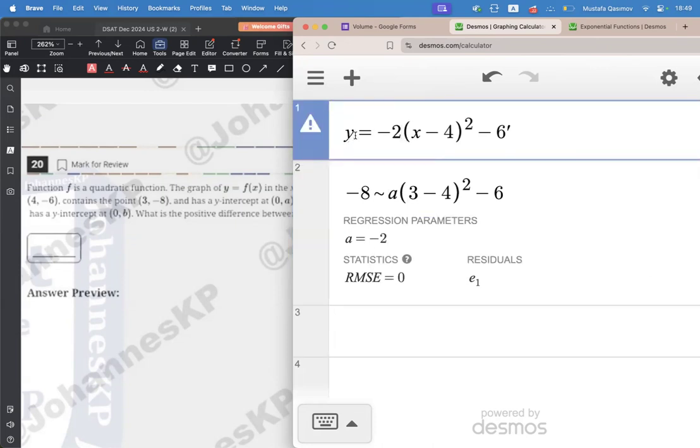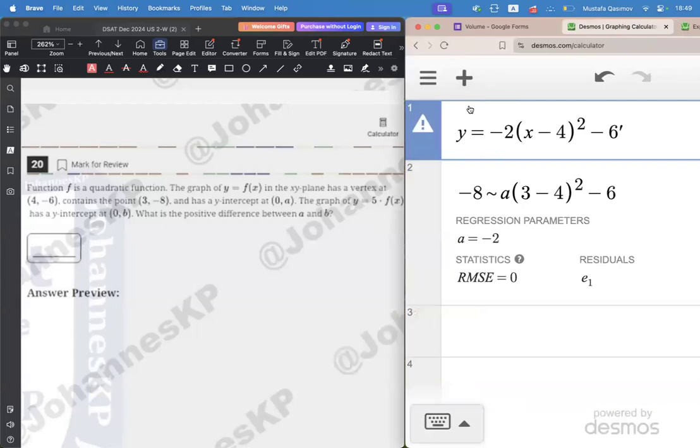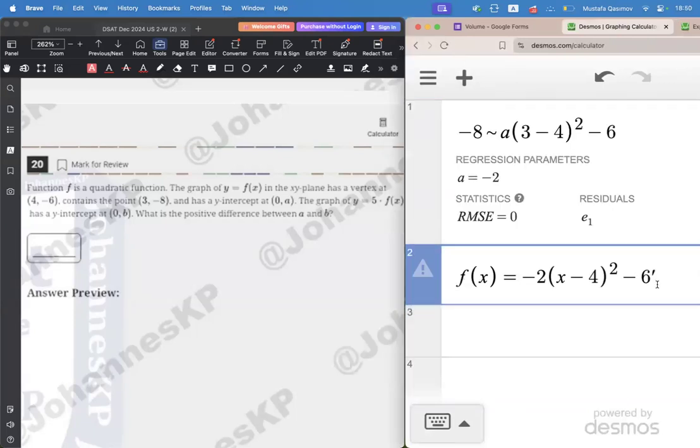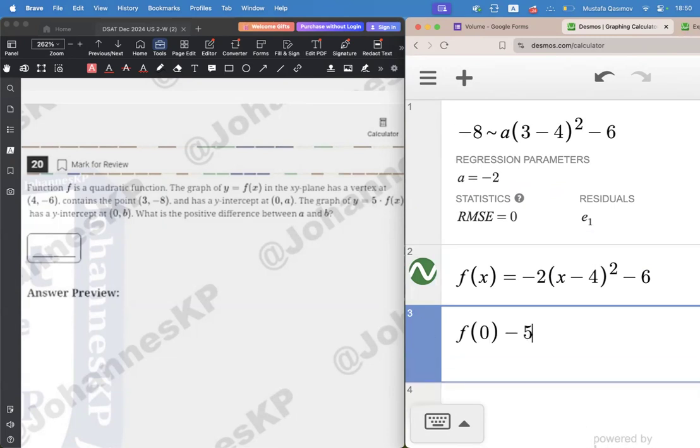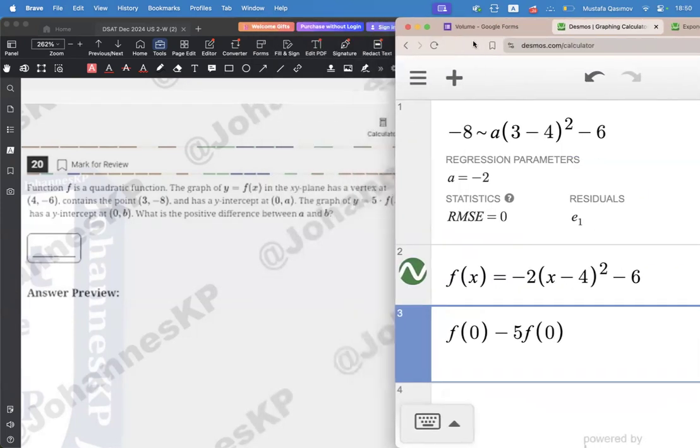So write instead of a, -2. Then let's say that is f of x. Then it says that we have another function which is 5 multiplied by f of x, and what's the difference between their y-intercepts, f of 0 minus 5 f of 0, and the answer will be 152.